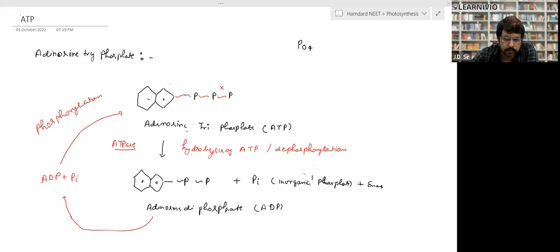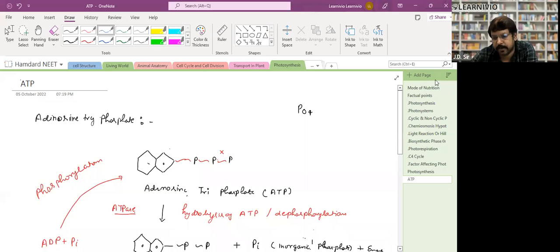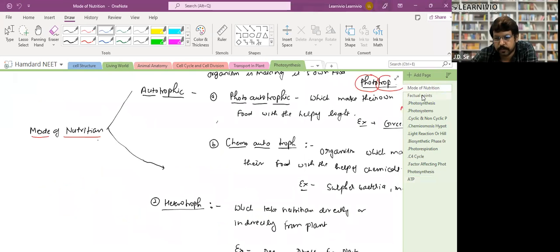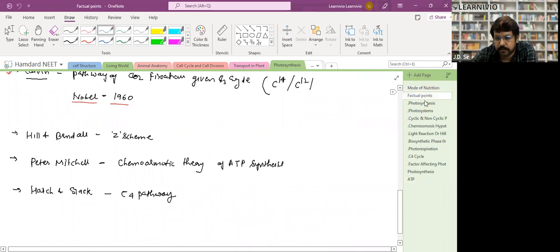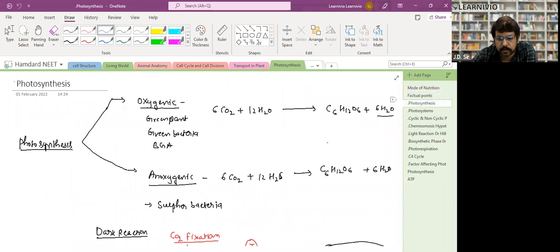Okay, photosynthesis process. Importance of chloroplast. Now we are going deep inside the chapter. Mode of nutrition, I have told you that we have discussed the photosynthesis process.